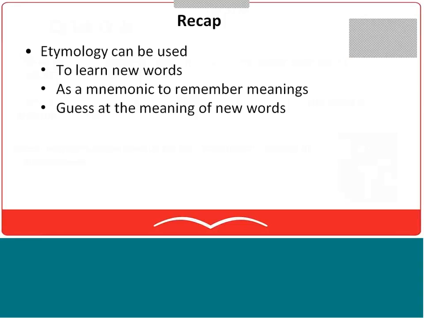So let's recap. Etymology can be used to learn new words. It will also help you remember the meanings of words. And when you come across new words, your guess will be a smarter guess if you know etymology. Knowing root words will help you learn more than one word at a time.